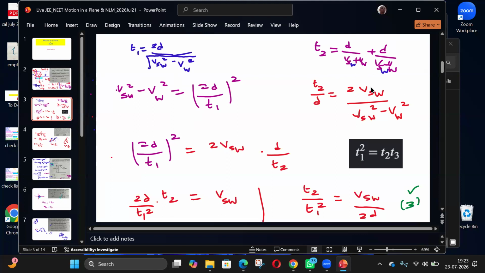Because in the numerator I have this velocity of swimmer. This is the one I have to find out, the property of the swimmer. So this thing I can write as d by t on the whole square equal to d by what I have done here.